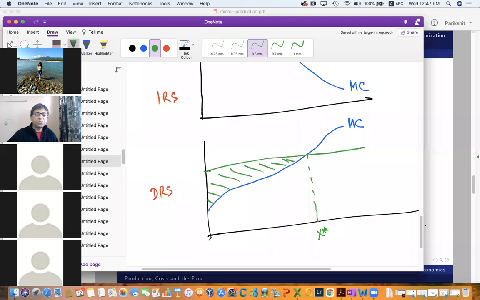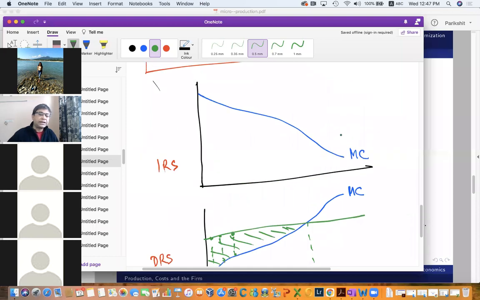The first unit produced fetches this price, but costs less as given by the marginal cost curve. So this gap is the profit on the first unit. This gap is the profit on the second unit. This is the profit on the third unit. If we add all of them up, we get this area, and that's the total profit. And no other production level can give a higher profit. So things are fine here.